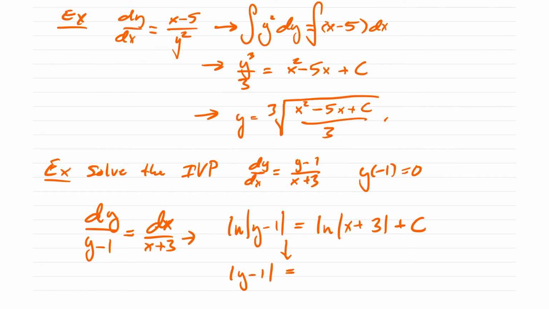And then over here, if I exponentiate this, it can be turned into a product of two exponentials by splitting over the sum. And so that's going to give me e to the c times x plus 3. Okay, so now we need to figure out if we want to keep these absolute values, and it's really going to come down to our initial point.